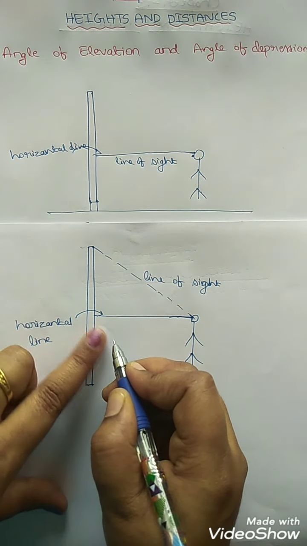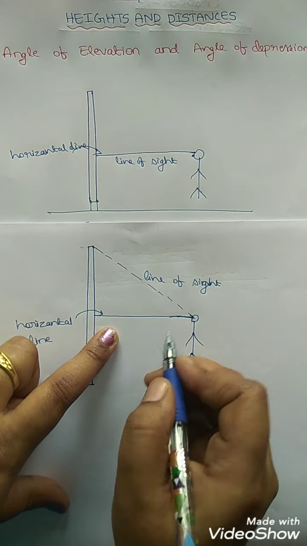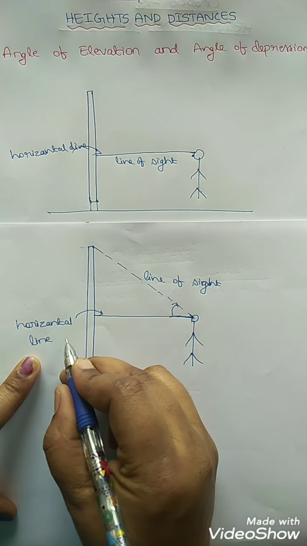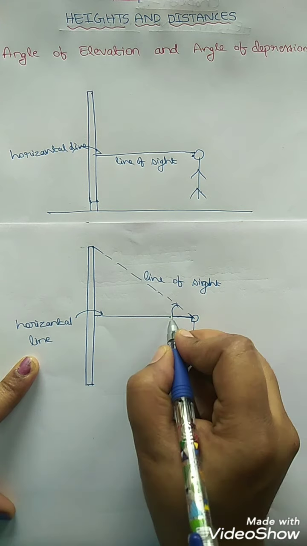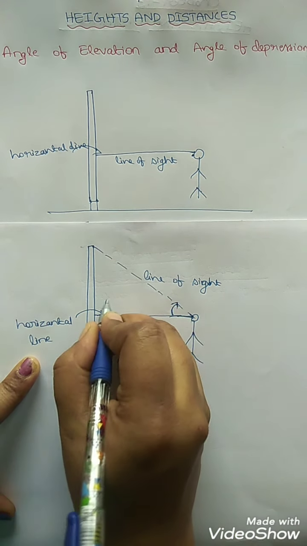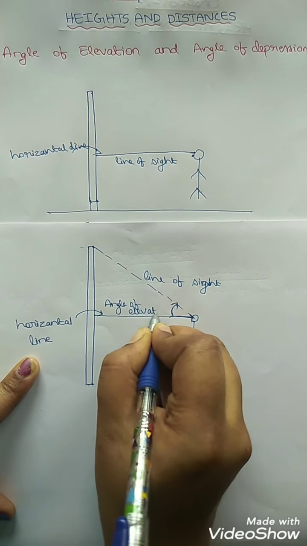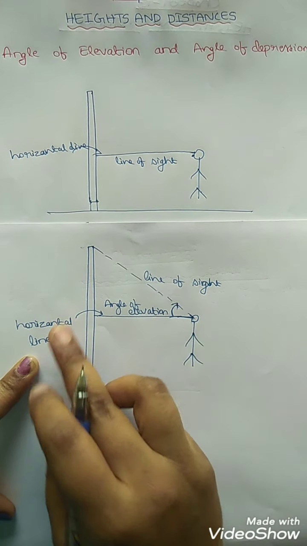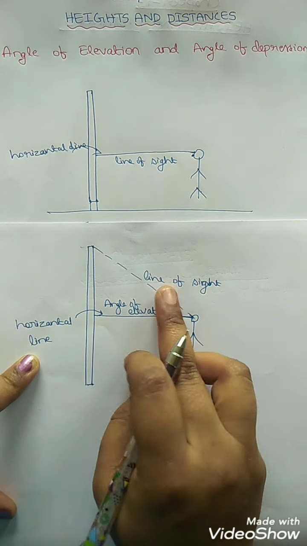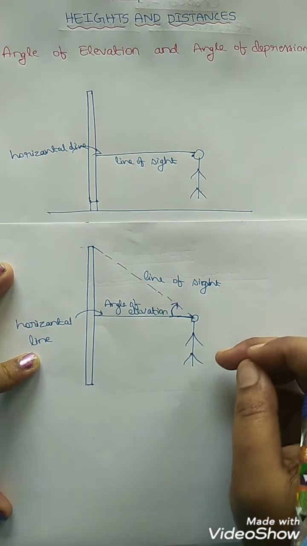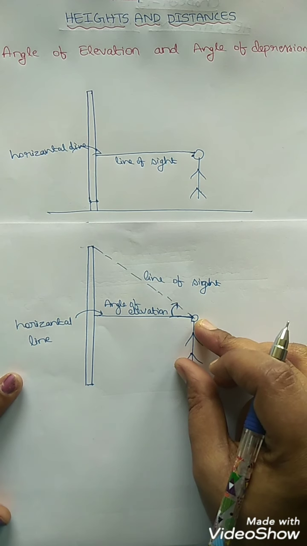This line of sight makes an angle with the horizontal line of sight. This angle is known as the angle of elevation, which means the angle between the horizontal line and the line of sight when a person is looking at the top of the pole.